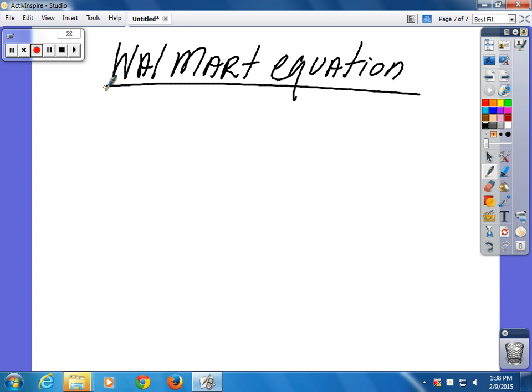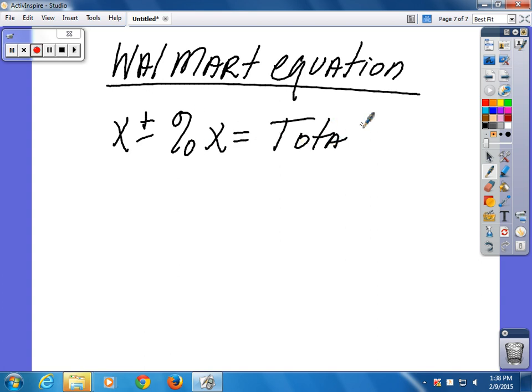Then that's what the Walmart equation is. You take the total plus or minus the percent of the total is equal to the total that you pay. So this is the Walmart equation. X plus or minus percentage X is equal to the total. This is something I came up with when I started teaching, like my second semester.